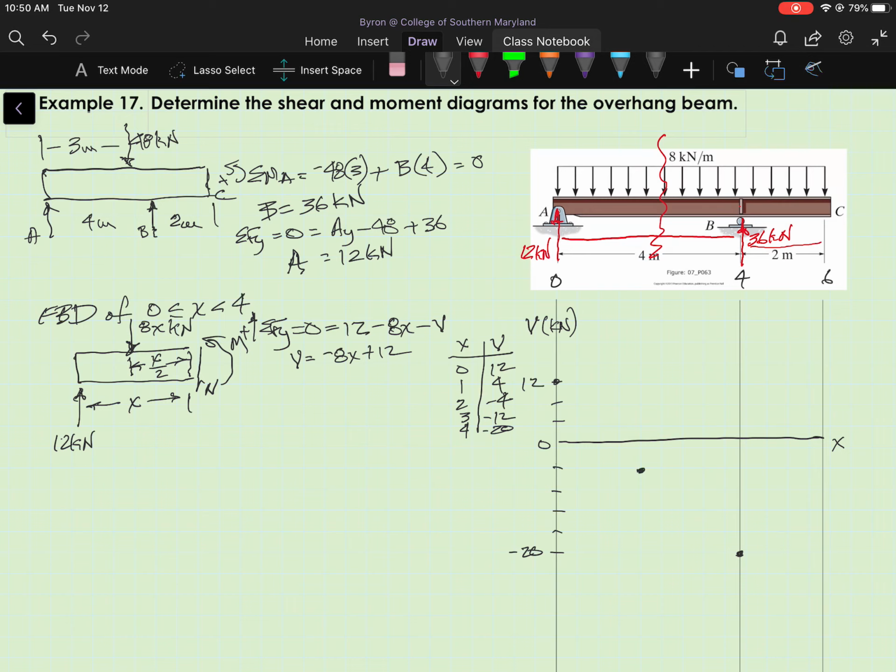Then I'm going to connect those and shade in the area between the curve and the x-axis. Okay, so that's the shear curve for the segment between 0 and 4 meters.